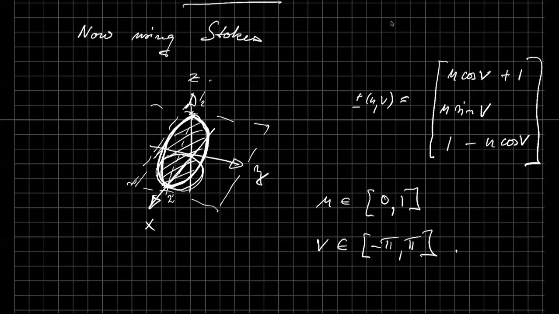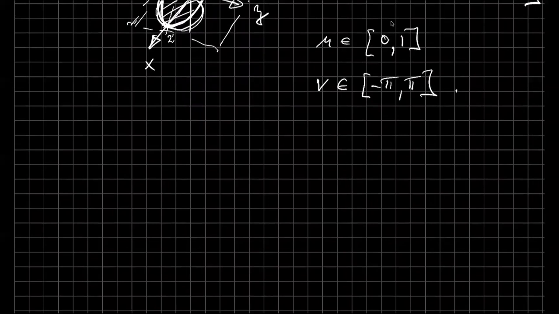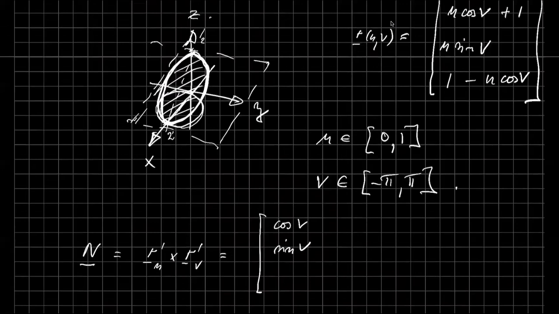When you calculate the normal vector, you get r prime u cross r prime v. This is simply, when you take the derivative with respect to u, cosine v, sine v, minus cosine v.